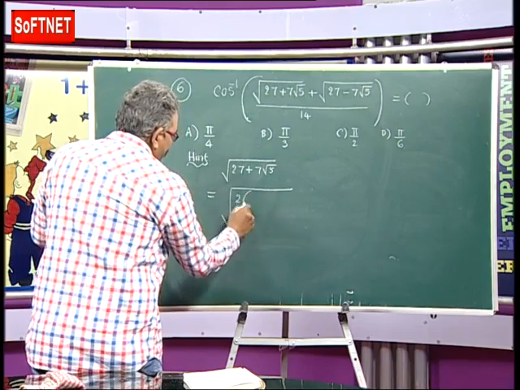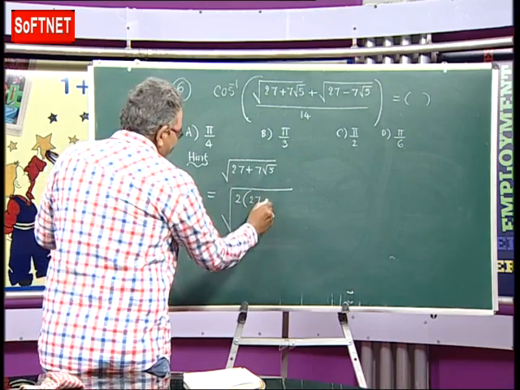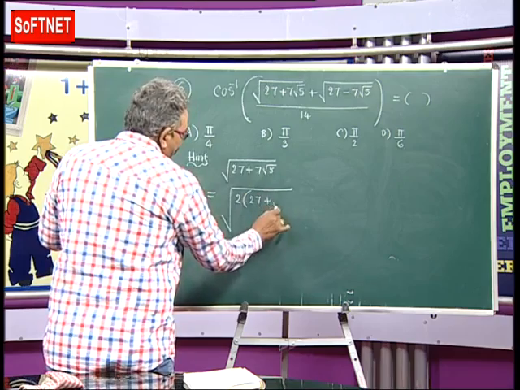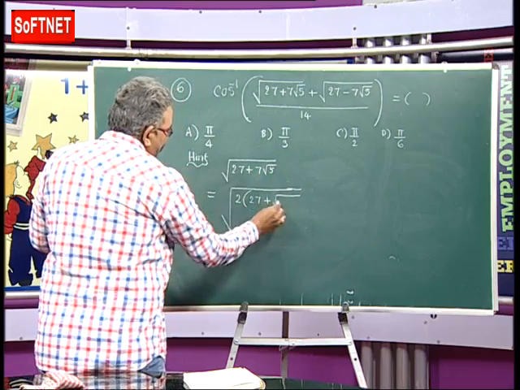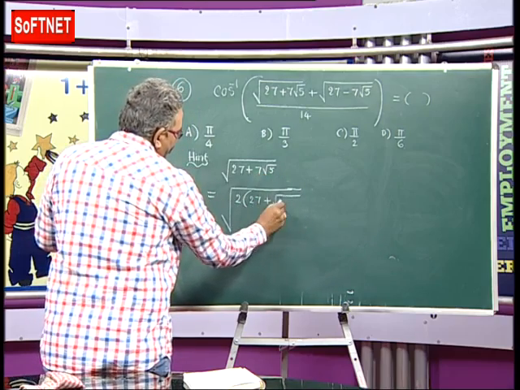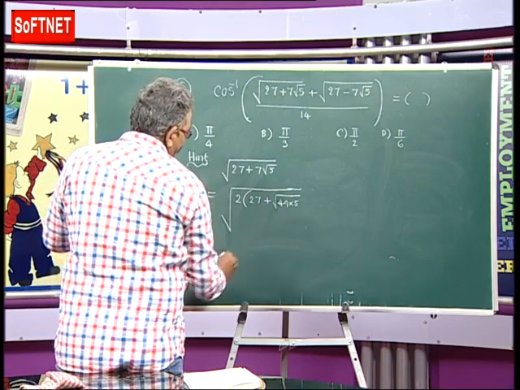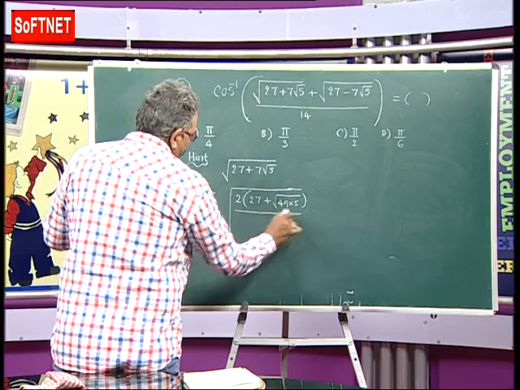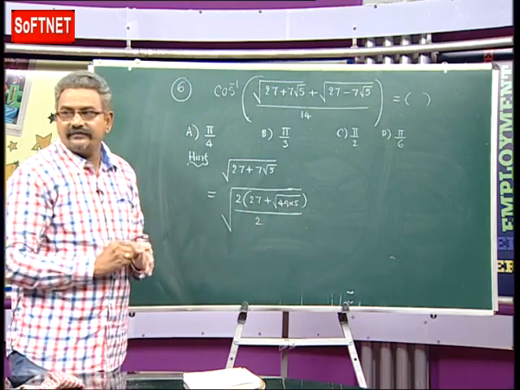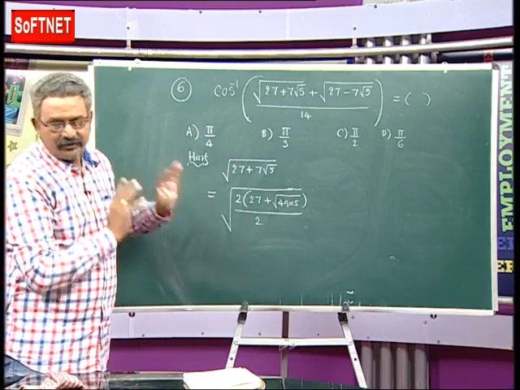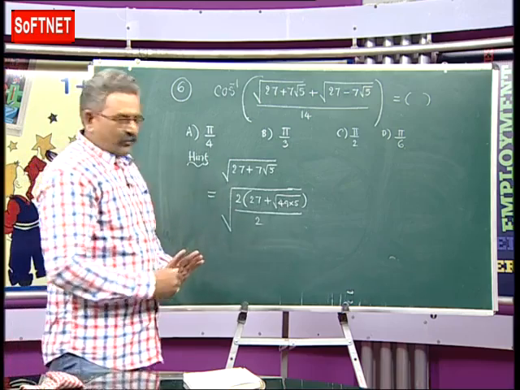Multiply with 2. 2 into 27 plus this can be written as a pure surd, 7 square means 49, you can write, square root of 49 is 7 only, into 5, by 2 write down. Does it make any difference? I think no difference at all. Okay.